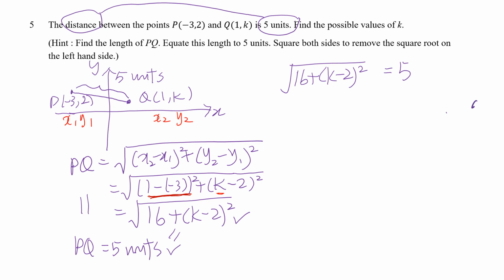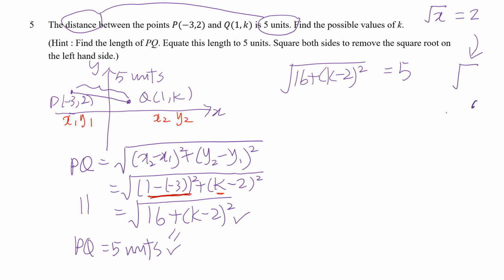Let me give you an example. If you have square root x equals 2, what do you think is the possible value of x? That means what is the value I can substitute for x, so that when I square root it, I get 2?